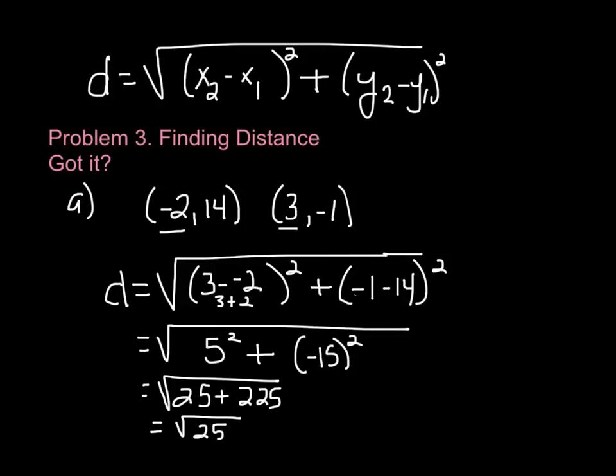That gives me the square root of 250. And the square root of 250, if I rounded to the nearest tenth, is 15.8. So my answer is 15.8. B asks, oh, we're going to skip B there. So ignore part B. We're going to go down to number 5.